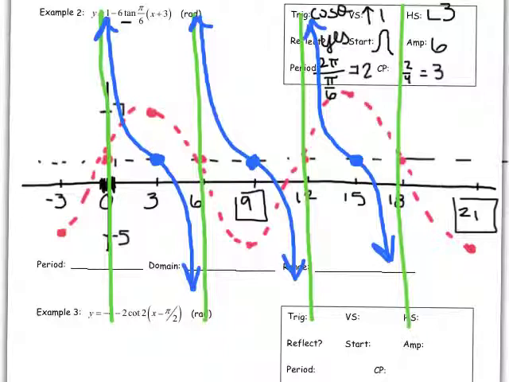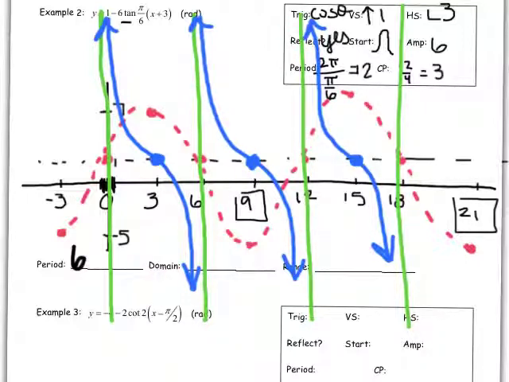Let's talk about period really quickly. So when we do tangent and cotangent, the period is always half of this number you see here. So the period is going to be 6. If you looked from 0 to 6, that's where it would start to repeat itself again. So 6 makes sense. Domain. So for tangent, domain is everywhere except these lines that are the vertical asymptotes. We're never going to touch those.